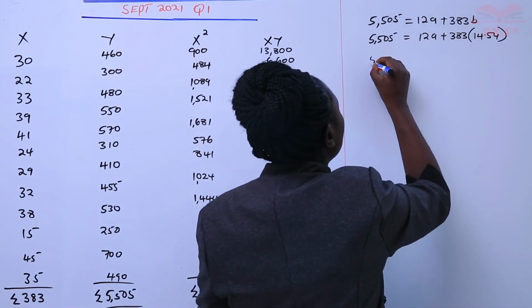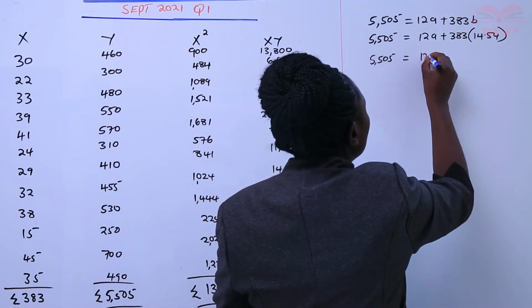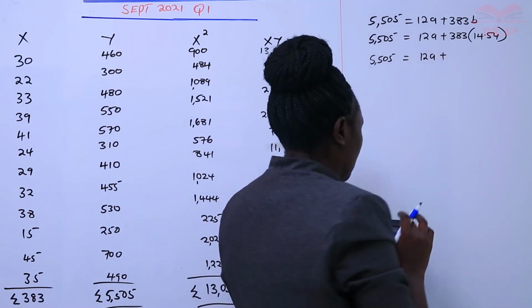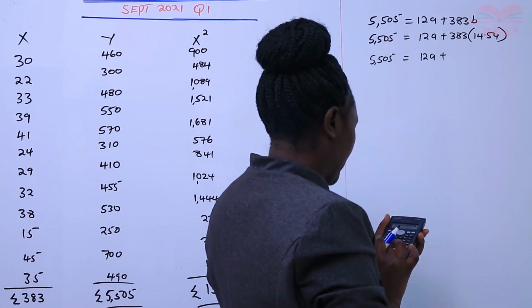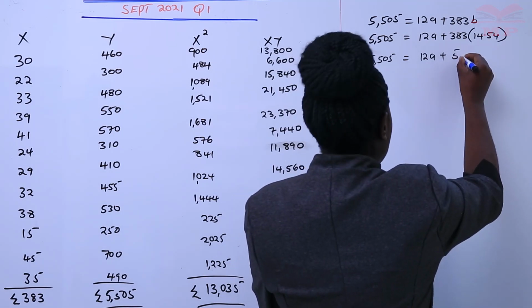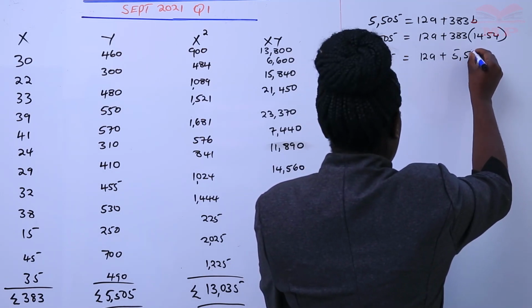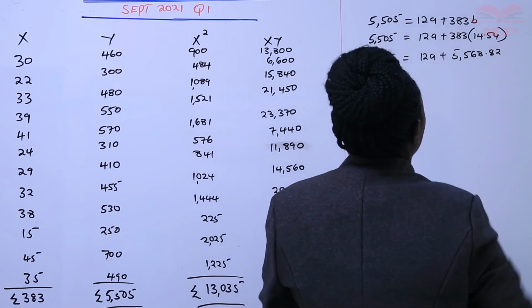So we will have 5,505 equals 12A plus, when you take 383 times 14.54, you will get 5,568.82.